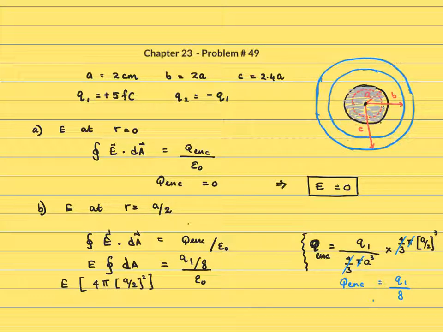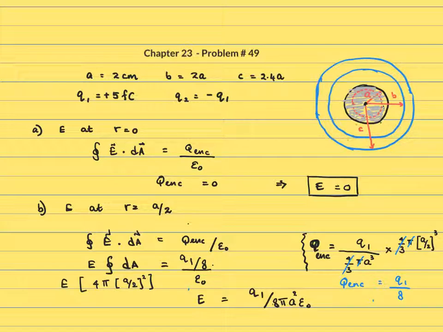So this 4 and the 2 to the power 2, those two will cancel out, and you will have the electric field at the point given by Q1 over 4. Actually there's no 4 now, let me erase that. There is 8 coming from here, so E equals Q1 over 8 pi a squared epsilon naught. This is the final answer.